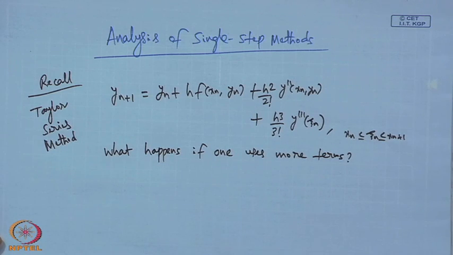The immediate answer is definitely the solution may vary. Yes, of course, the solution may vary, but in what sense? Can we say concretely if we use more number of terms? With a general intuition, the solution would be better and things like that.